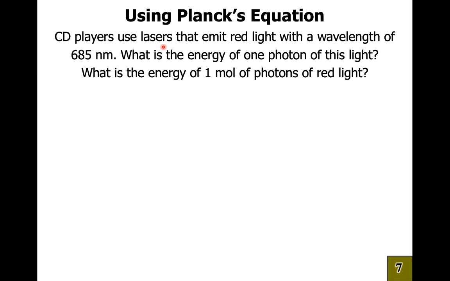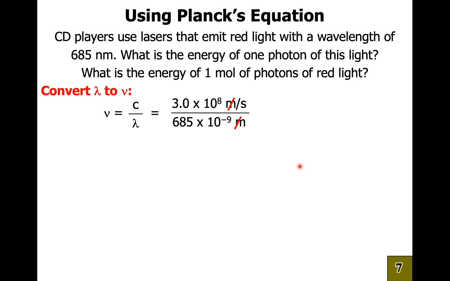CD players use lasers that emit red light with a wavelength of 685 nanometers. What's the energy of 1 photon, and what's the energy of 1 mole of photons of this red light? And so we convert the wavelength into a frequency. The frequency is equal to the speed of light divided by the wavelength.